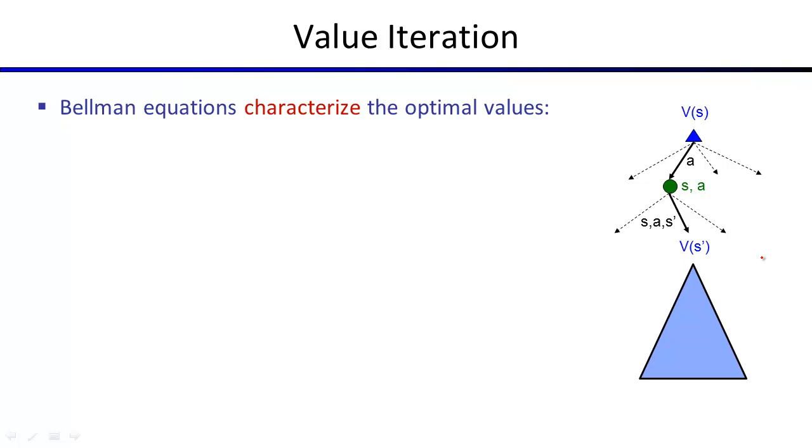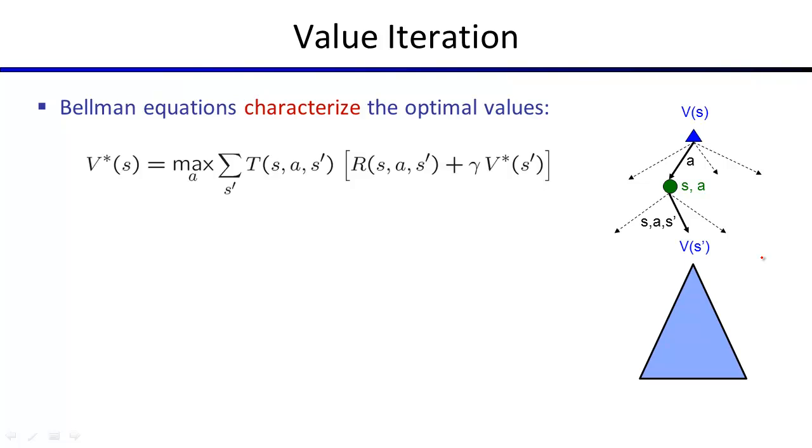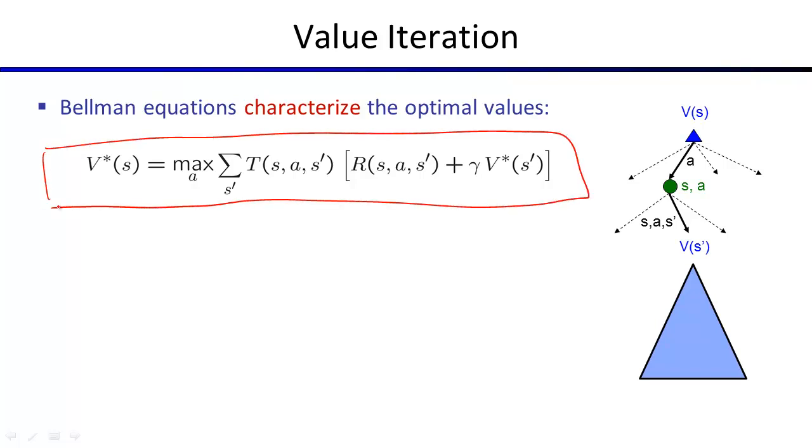Okay, so the Bellman equations characterize what the optimal value function, V star, is. So we know that this encodes the optimal value function. And any method you have to solve this set of equations, what is this? This is a set of nonlinear equations. There are capital S states, so there are capital S of these equations. There are capital S unknowns, V star for each of the states.